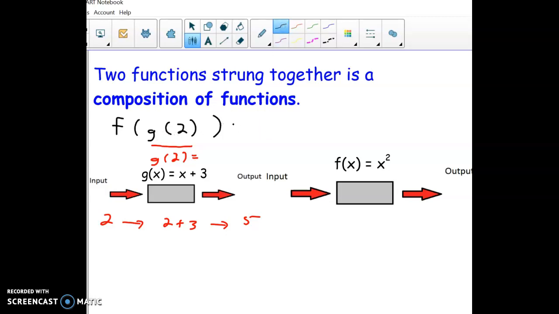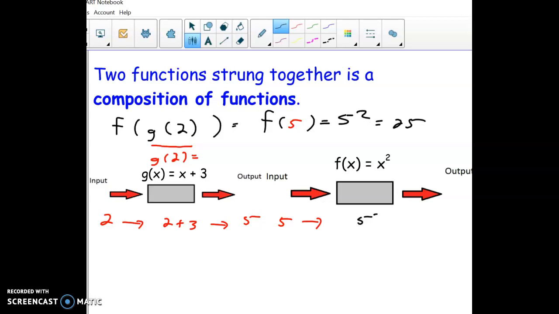So this expression now we could write as f of 5. Because g of 2 is 5, we have f of 5. Okay, so that 5 then becomes the input into the f function, and all the f function does is square stuff. So we're going to square the 5 and get an output of 25.